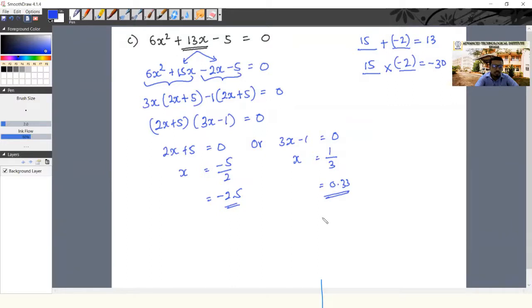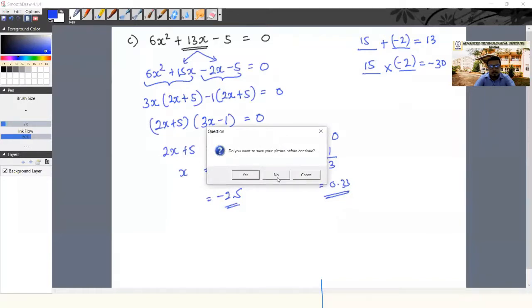Once you have generated these answers, use the calculator to see whether they are correct. 6, 30 and minus 1. Yes. X should be 0.33 or minus 2.5. Hope you are taking notes and all.